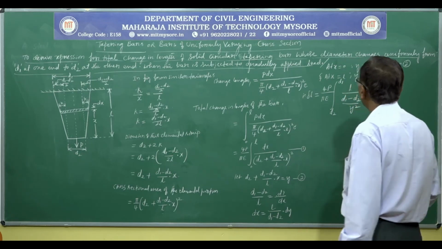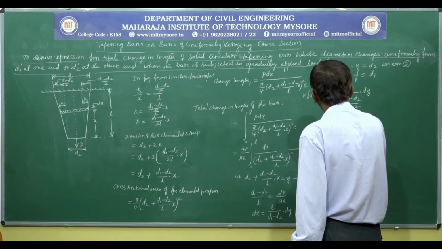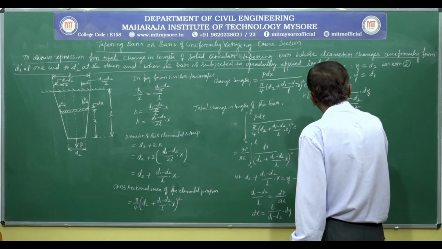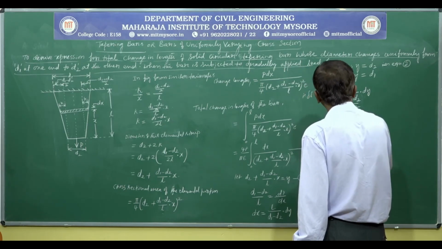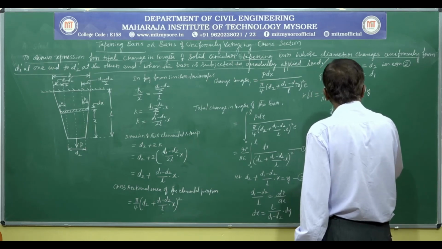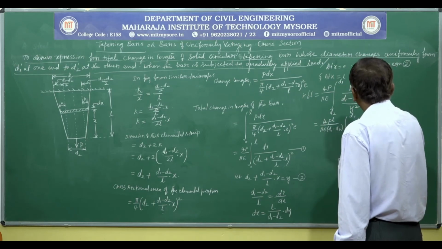Here we can take 4PL outside, then pi into E into (d1 minus d2) also outside, and the integral from d2 to d1 of dy by y square.